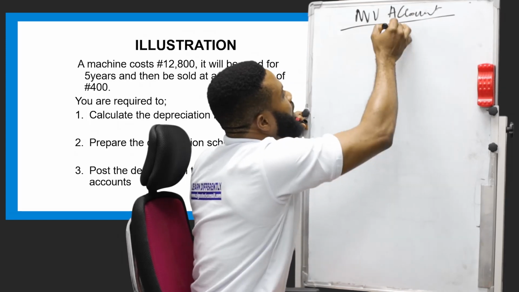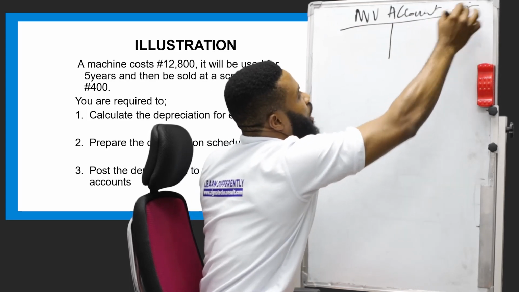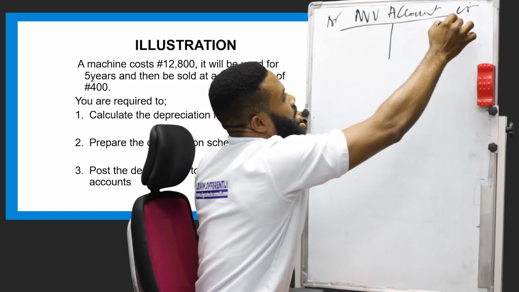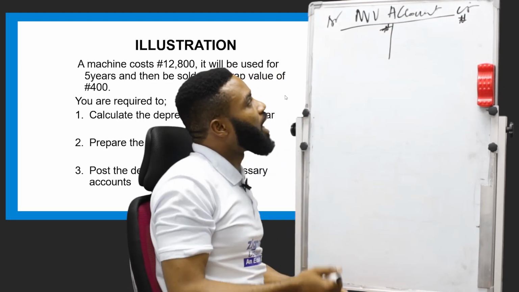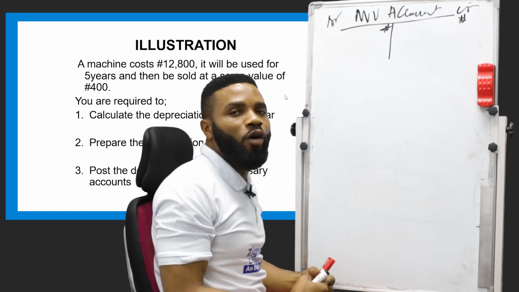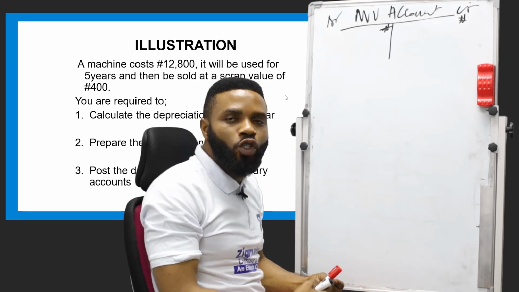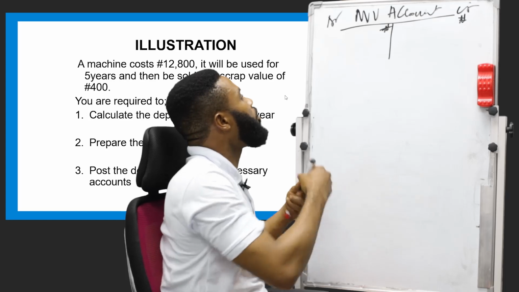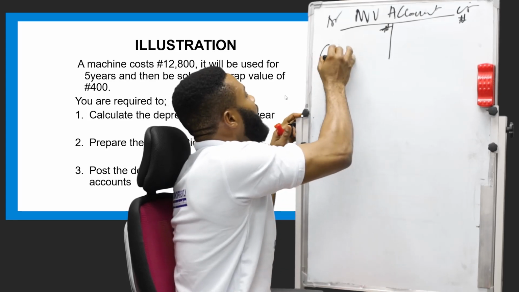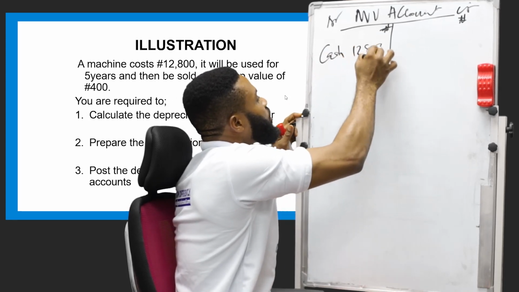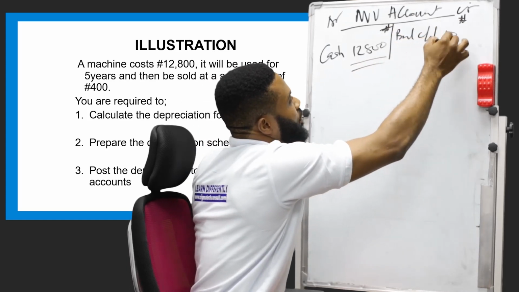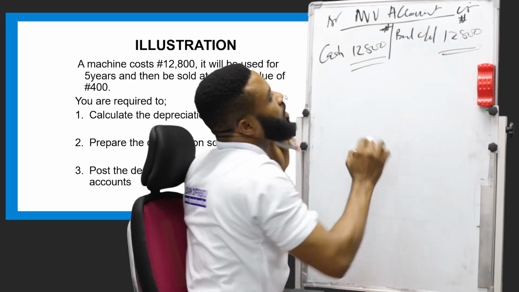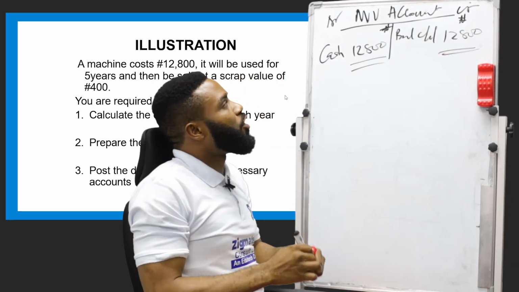You rule your line, and then here is your credit side and here is your debit side. We are using Naira. Now, the value of the asset is the cost of the asset. So you simply come here and you debit cash, and then you write 12,800. This is your balance carried down, 12,800, and that will be the value of the asset.